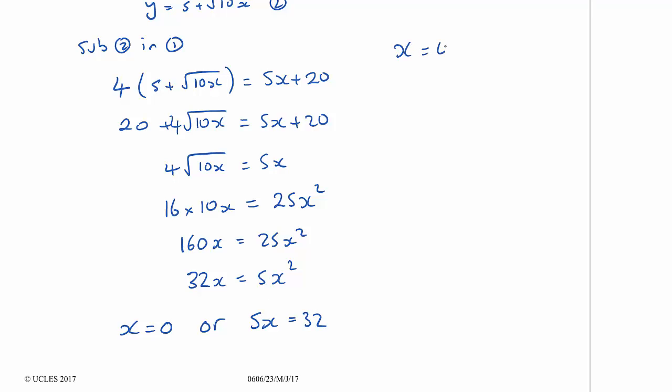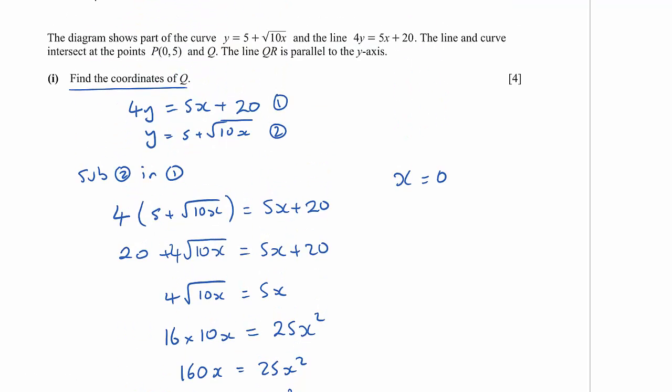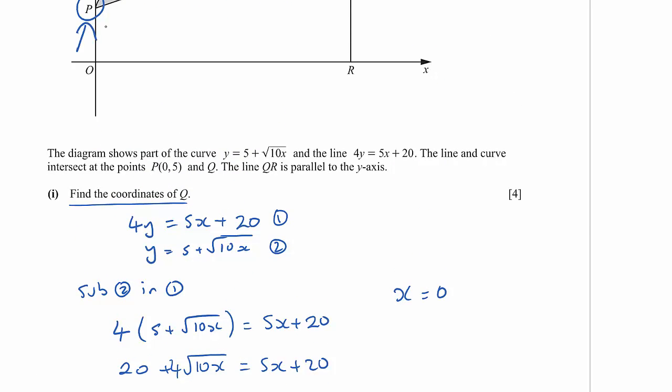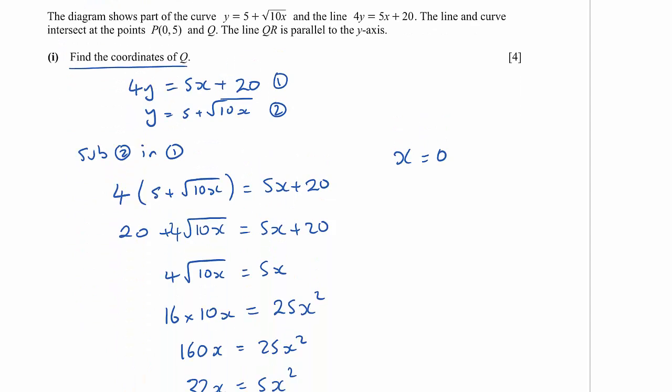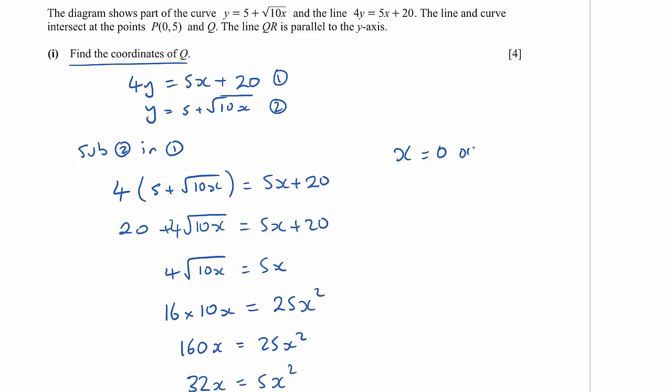So x equals 0, and the x equals 0 obviously corresponds to this point here, P, where the x coordinate is 0, or x equals 32 divided by 5, which is 6.4.